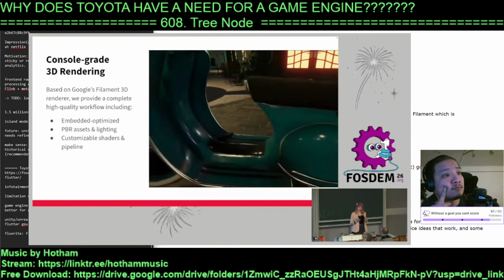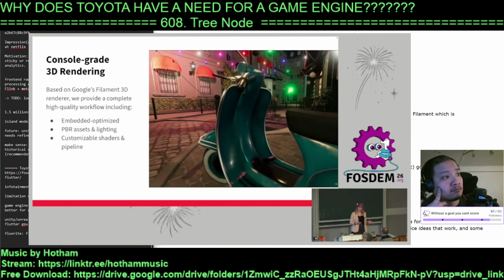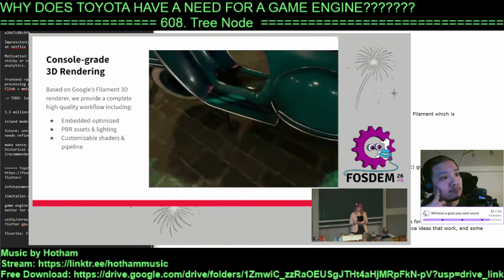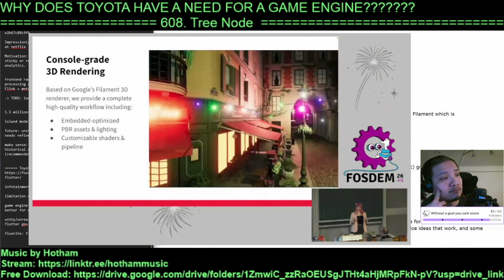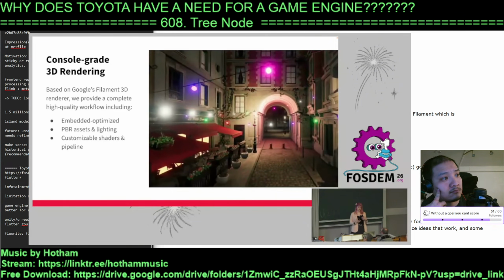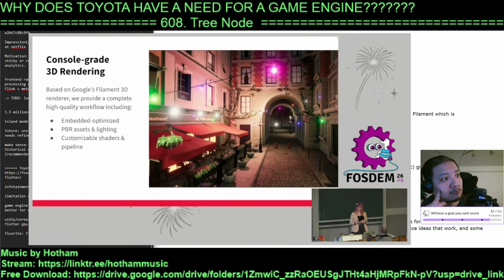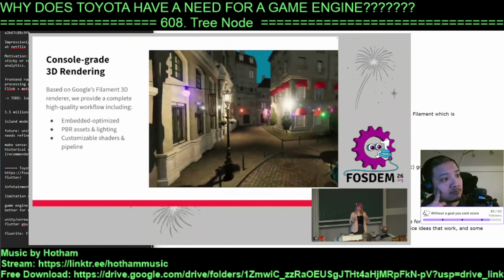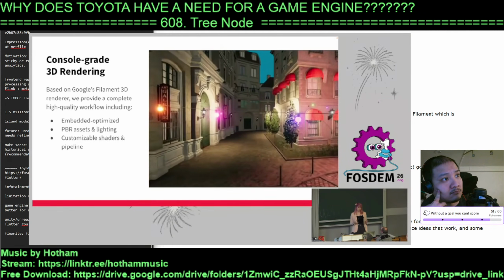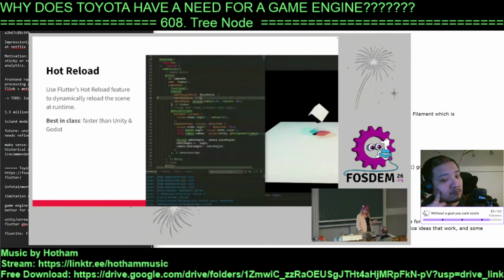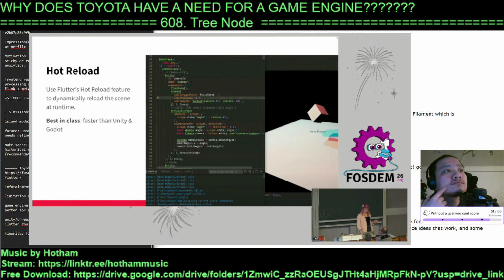But of course, that is just one of the many use cases. Another thing we provide is a customizable shader and rendering pipeline, which can allow you to design any sort of more stylized performance in accordance with your designer's own vision. And of course, it wouldn't be Flutter if we didn't have hot reload.